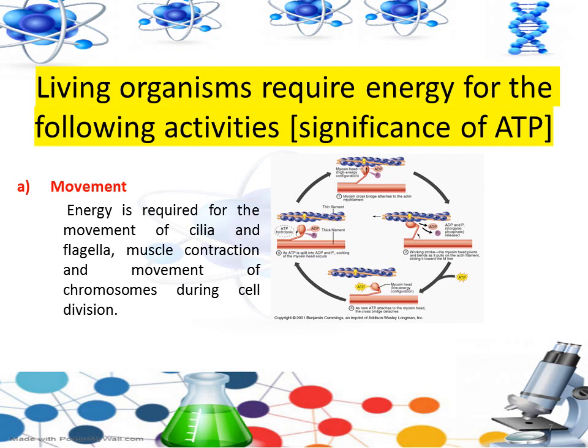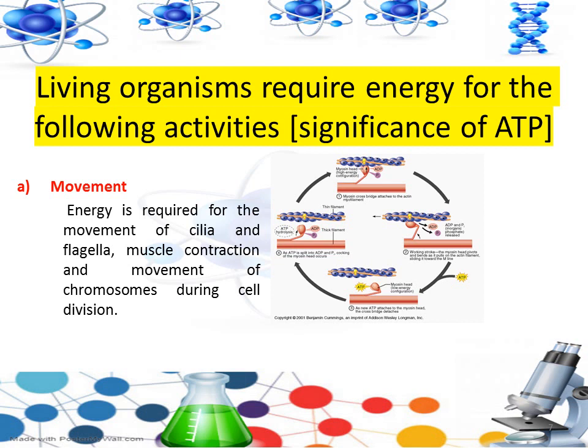Okay, the first one is for movement. As I said at the early slide, ATP is very useful for the living organism to move, whether you move with your leg, or whether the bacteria move with the cilia, with the flagella. All these movements are controlled by muscle contraction and relaxation.